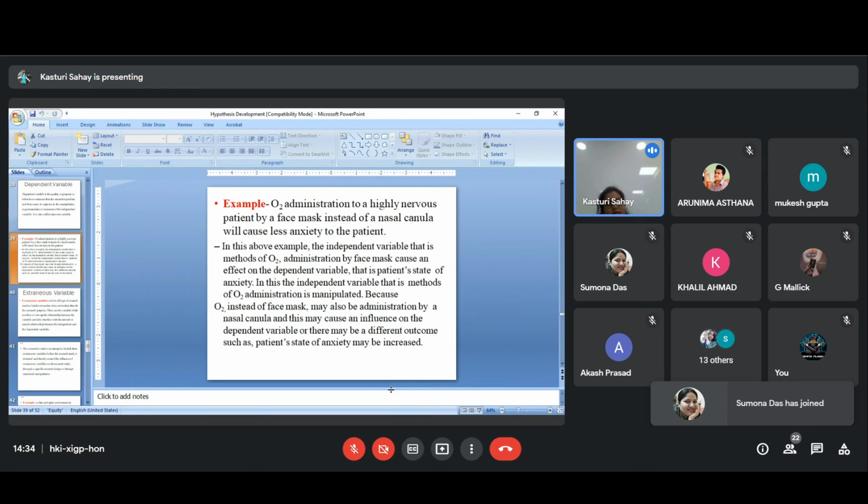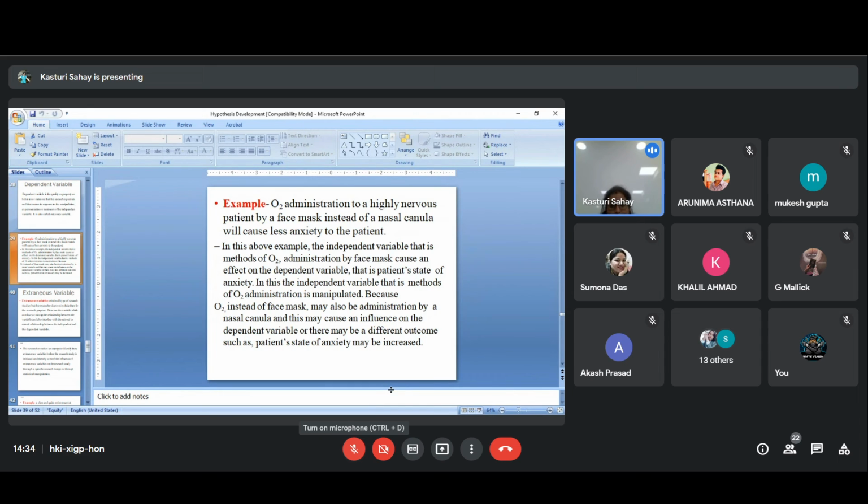Let's discuss with an example. O2 administration to a highly nervous patient by a face mask instead of a nasal cannula will cause less anxiety to the patient, right? So this is a hypothesis statement which is defined. Now you need to identify the variables here.